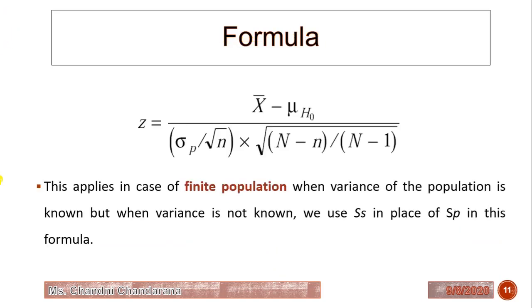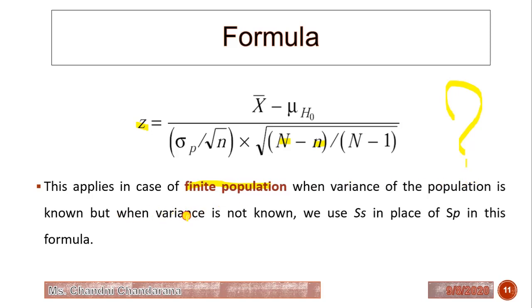Now this is another formula to find the Z value. Here capital N is the number of the population and small n is the number of the sample. This applies in case of a finite population, when the variance of the population is known.